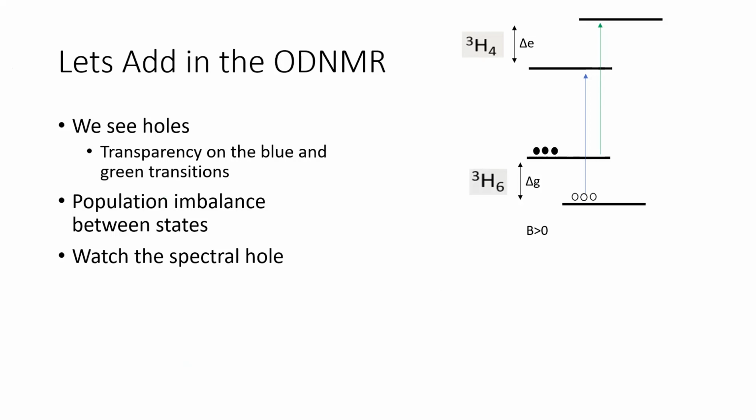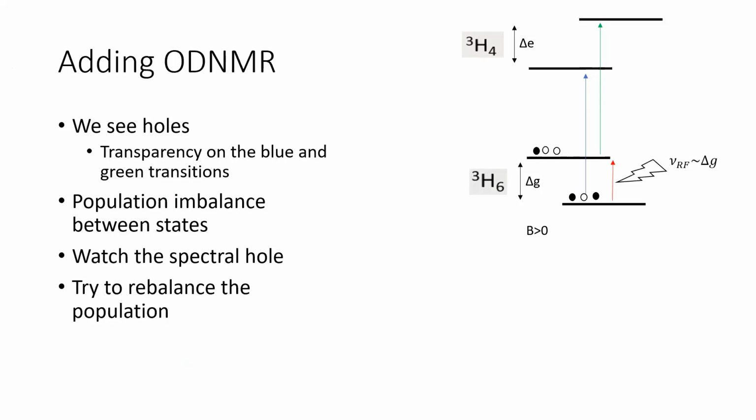Now, we can attempt to change this balance by optical pumping, but we can also change it by other means. Namely by using an RF field to drive in between these two levels indicated by the red arrow. Now, this energy is much, much smaller. It's not an optical frequency. It's something like some number of megahertz or gigahertz.